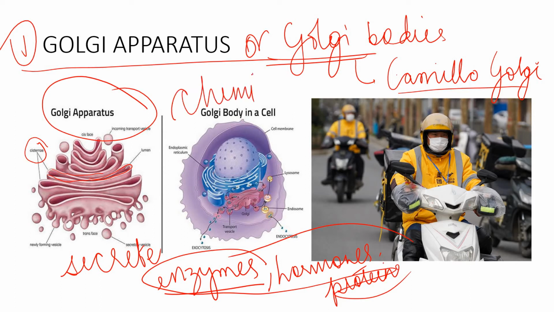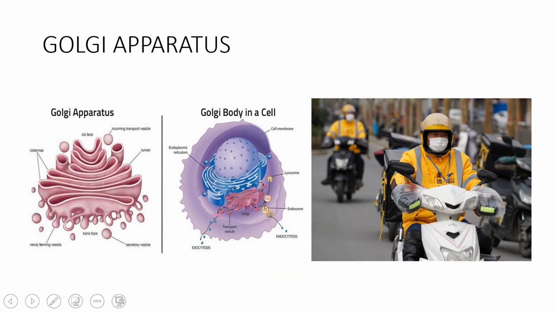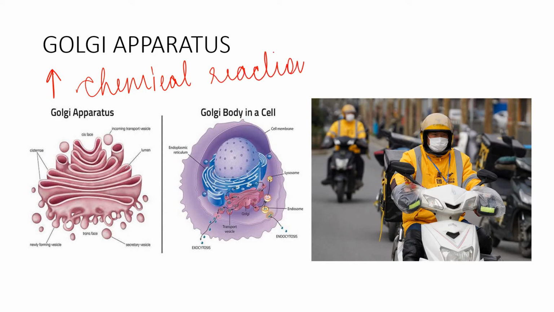Chemical reaction, shall I erase this? Wait, erase all ink. Okay, so that enzymes and all increase, this sign I am giving for increasing the chemical reactions in our body.